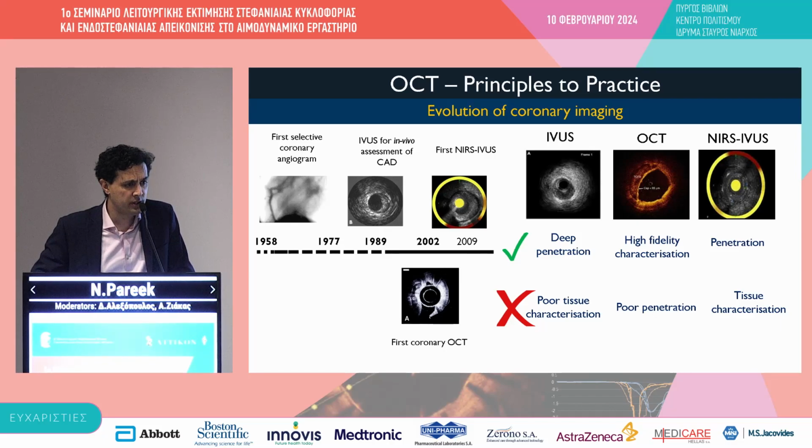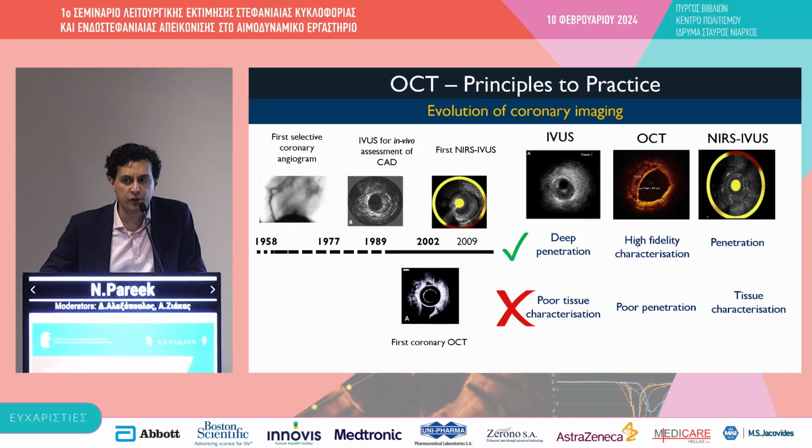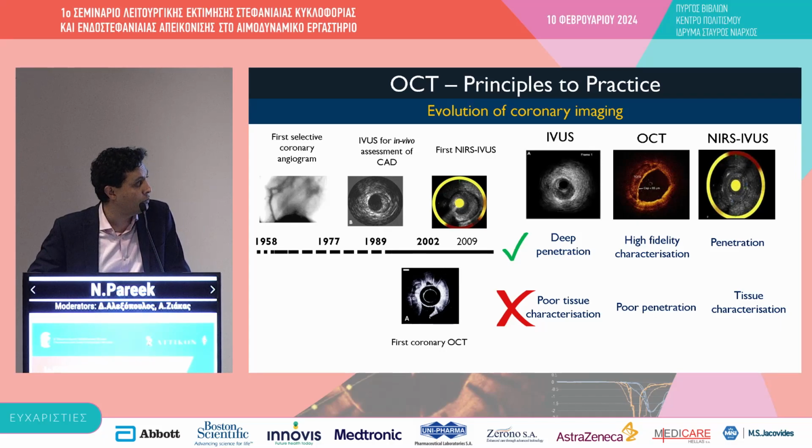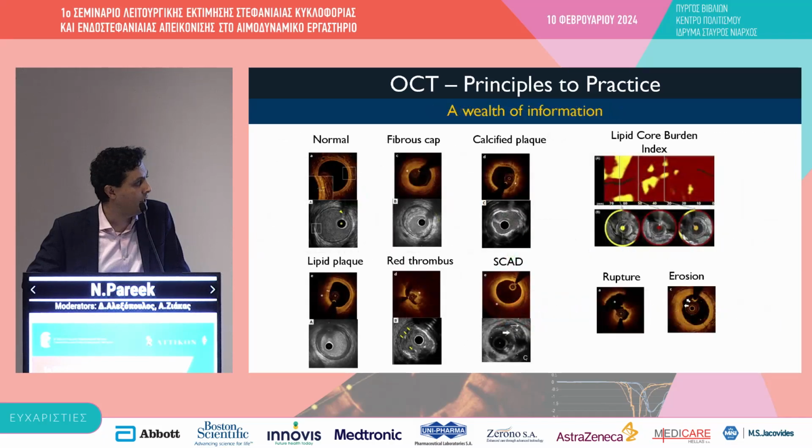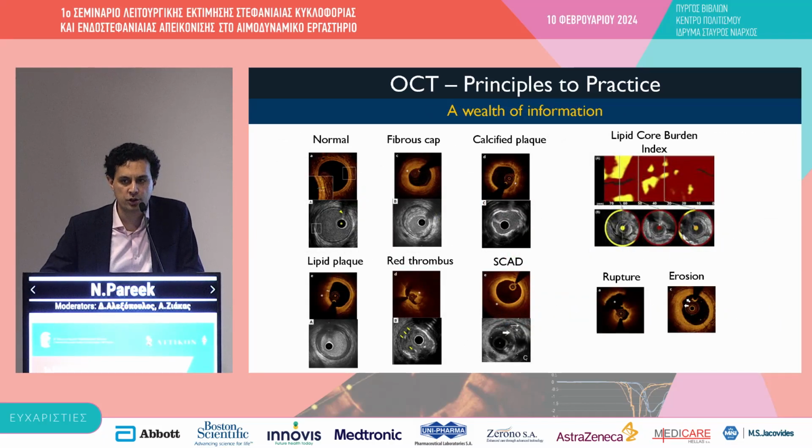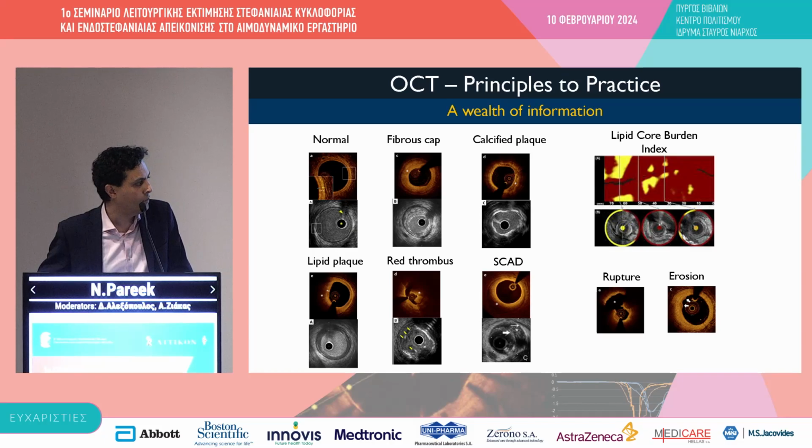They have positives and negatives, but I really do feel that in conjunction we can use all of them in our daily clinical practice. And this is the wealth of information that we can receive from intracoronary imaging. You can get the normal angiogram with trilaminar architecture, the fibrous, the calcific plaque, the red thrombus, and even non-atherosclerotic processes such as SCAD.